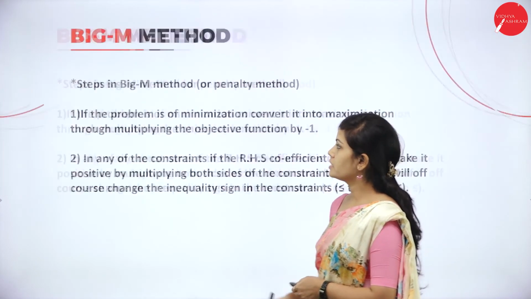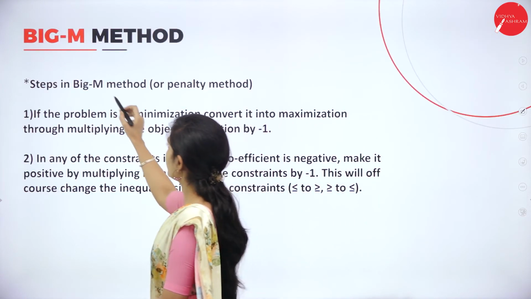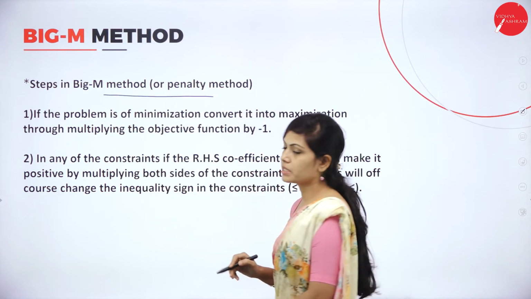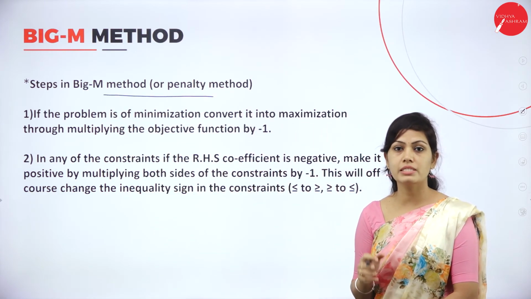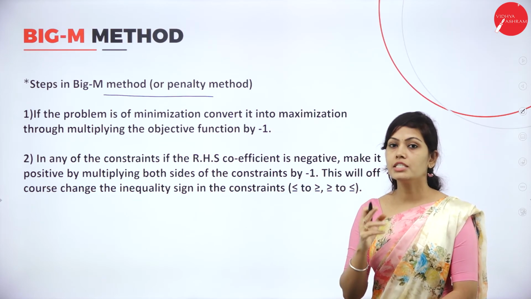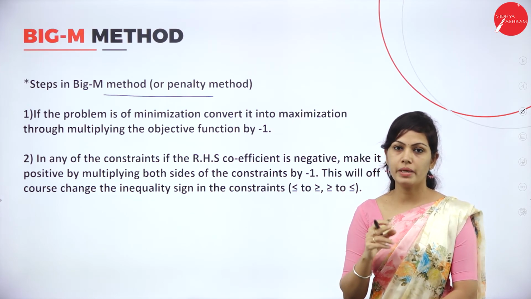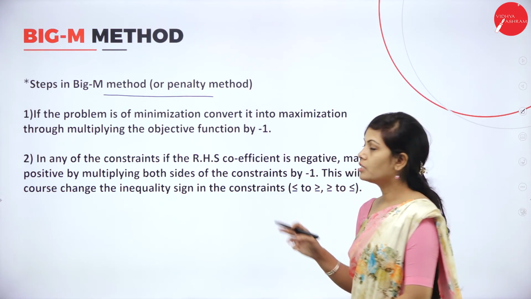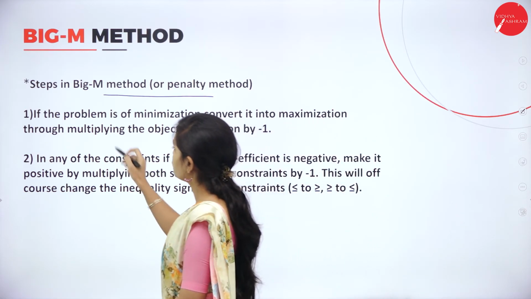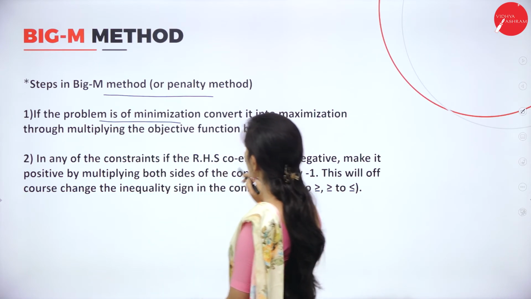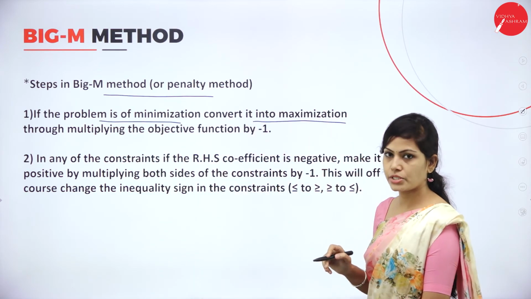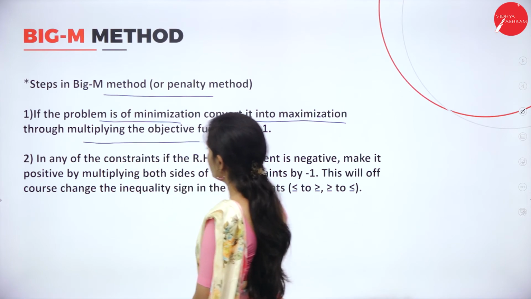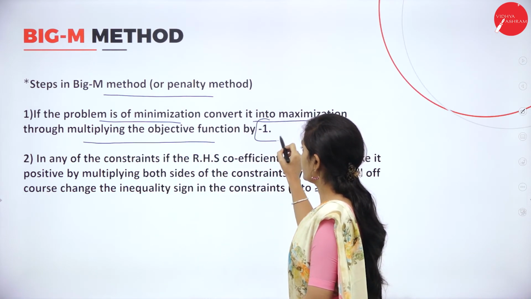So the next topic is steps in the big M method or penalty method. The big M method is also known as the penalty method or Charnes method. So what are the steps we have to use? If the problem is minimization, convert it into maximization by multiplying the objective function by -1.